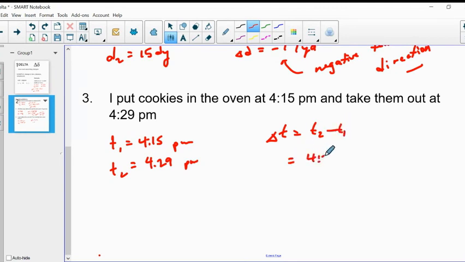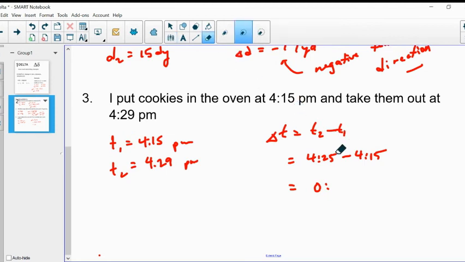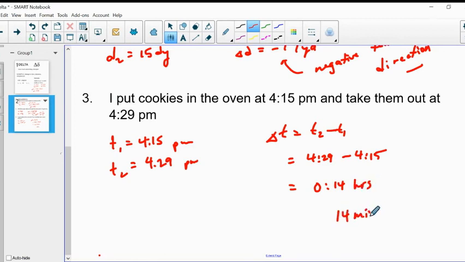So it's 4:29, subtract 4:15. And you'll see that the answer here is 0.429. The cookies were in the oven for 0.14 hours, which is equivalent of 14 minutes of cooking time.